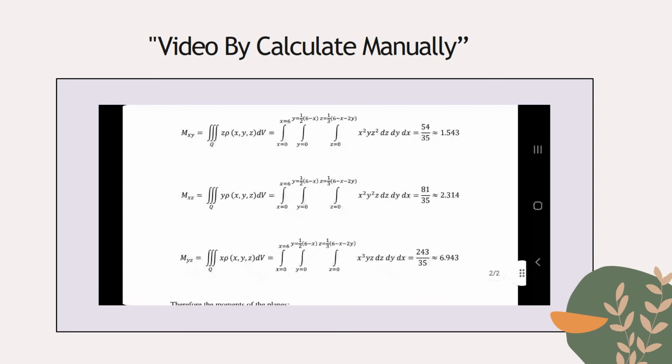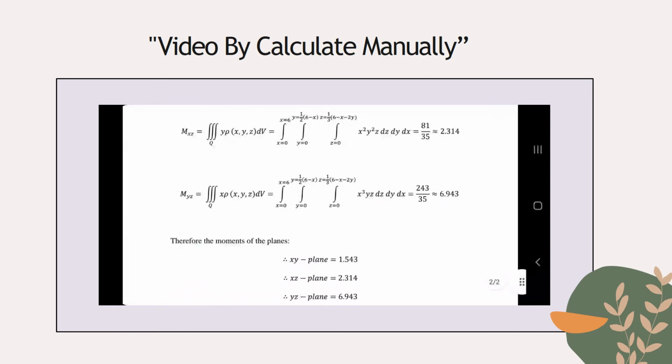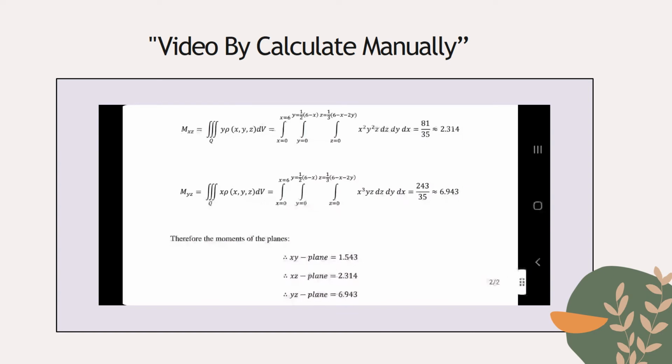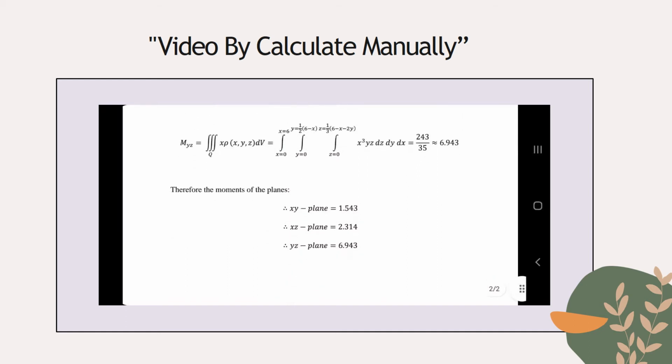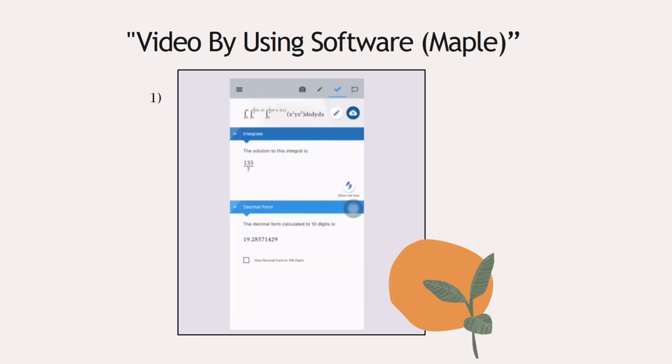For the xz plane, we got 81/35, which is 2.314, and lastly the yz plane equals 243/35, which is 6.943. Therefore, the moments of the planes are: xy plane 1.543, xz plane 2.314, and yz plane 6.943.